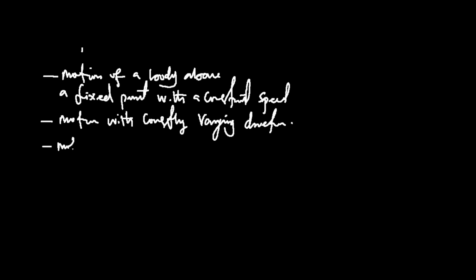You can also say it is a motion with constantly varying velocity, momentum, and acceleration due to the variation in direction. You can also say it is motion with velocity of constant magnitude.